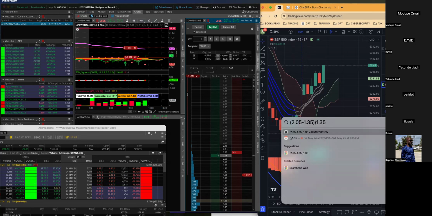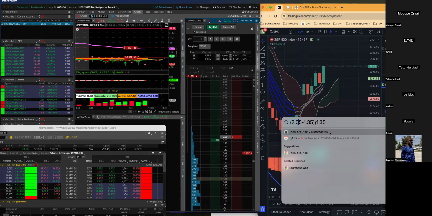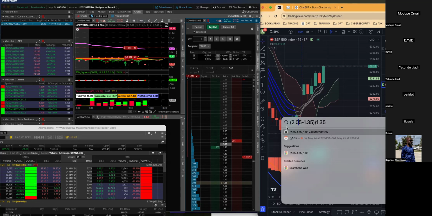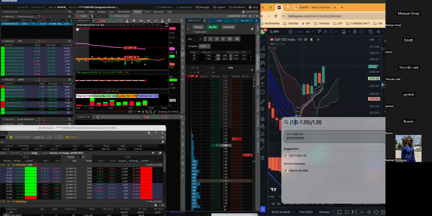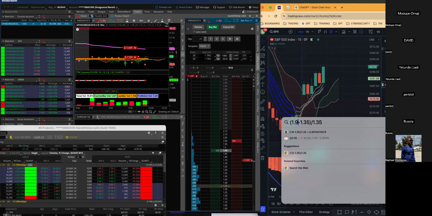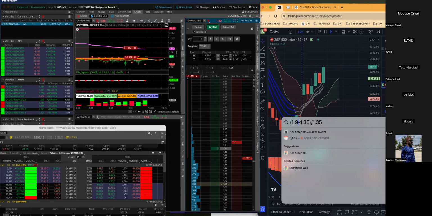So 2.05, that's good. And I'll just keep on trailing. If I could get my trailing stop to be at 2.05, that would be 50%. If I get it at 1.90, that would be 40%, right?